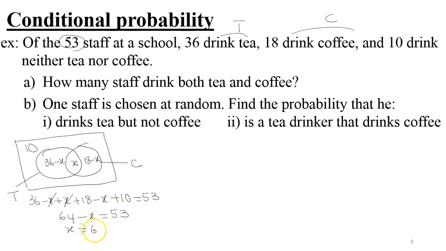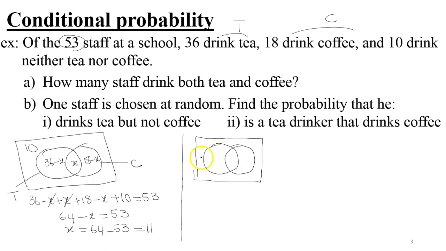So X is in fact 64 minus 53, which is 11. So we do have 11 people that drink both. So my new Venn diagram is reduced to the following. We have T, we have C, and over here the school representing the total sample space.